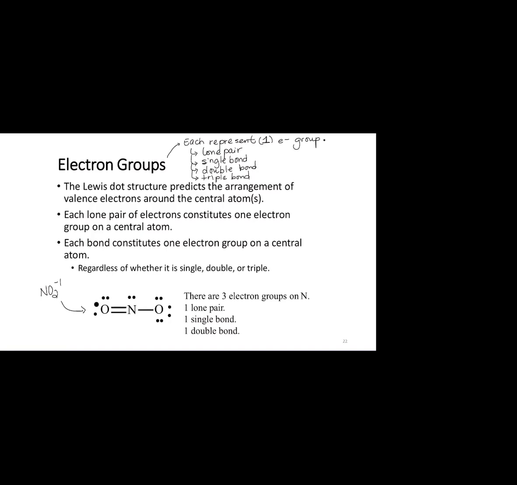So when we look at nitrite, we're going to see our central atom. Our central atom is that nitrogen. Now we look at our central atom and we say, how many electron groups are around nitrogen? And you can say, there's one lone pair.